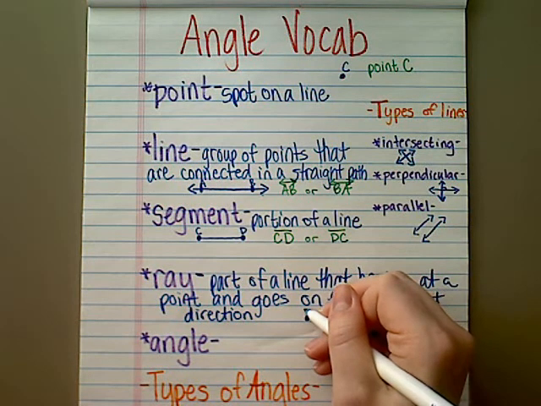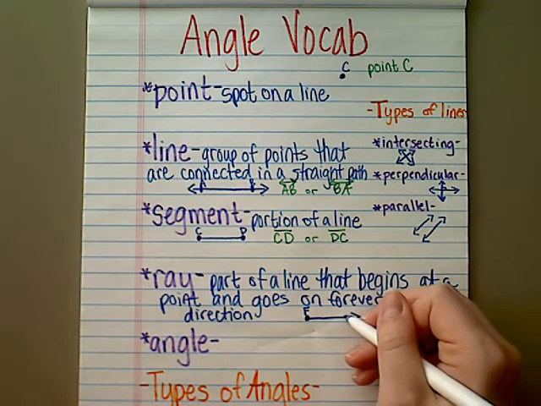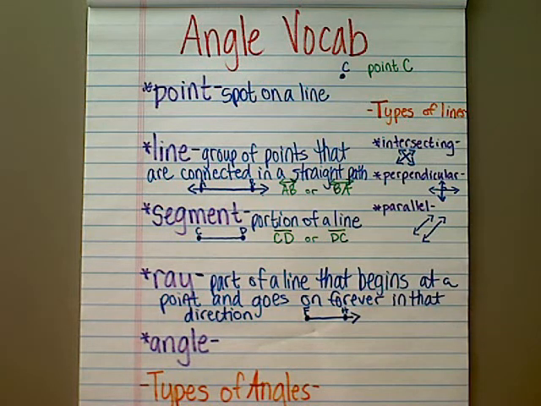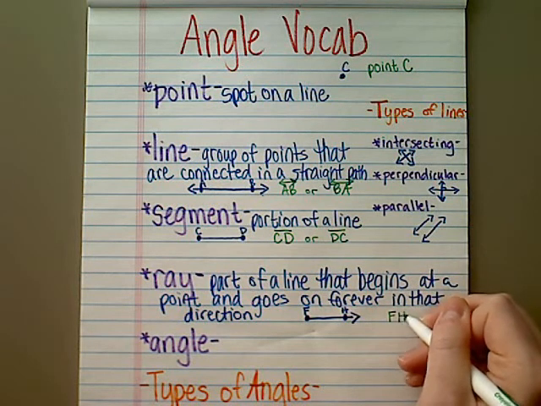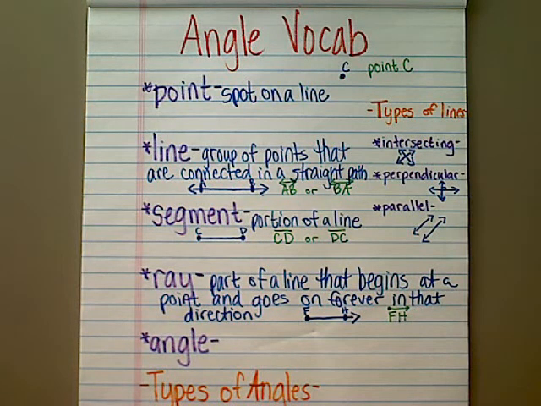We would label that endpoint, and this time we're labeling it as F, and then label another point on that ray. I will name that as H. So when we go to write that, this would be ray FH. We would show the ray symbol above that. What is special about rays is that we always begin naming it with that endpoint. So this symbol, this drawing here, would never be ray HF because H is not the endpoint. It is just a point on the line that is continuing.